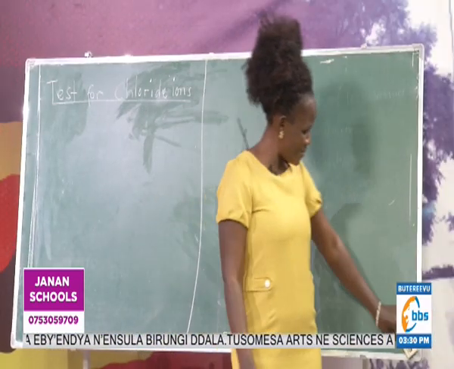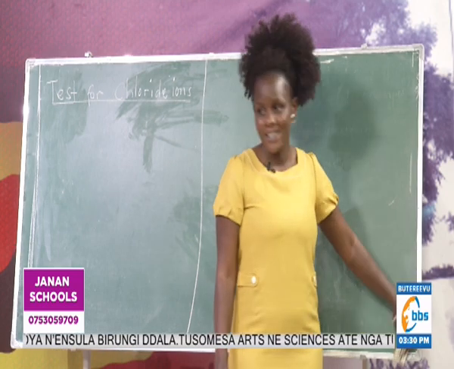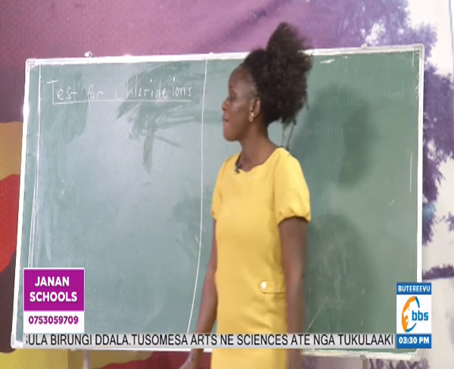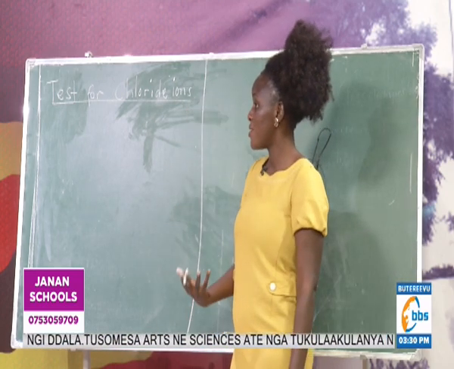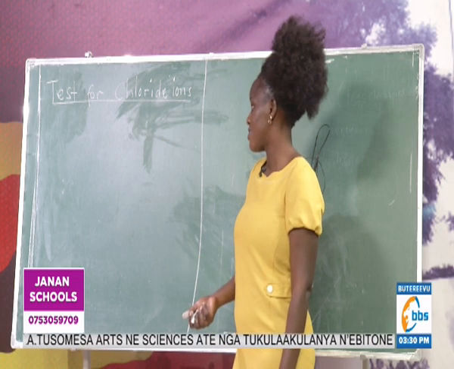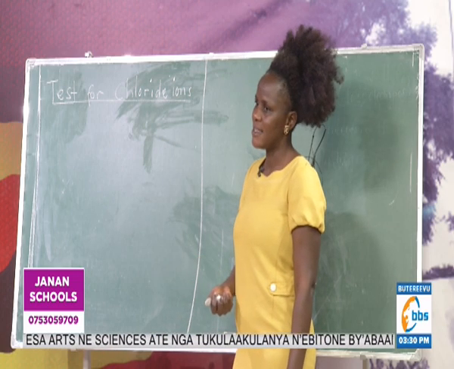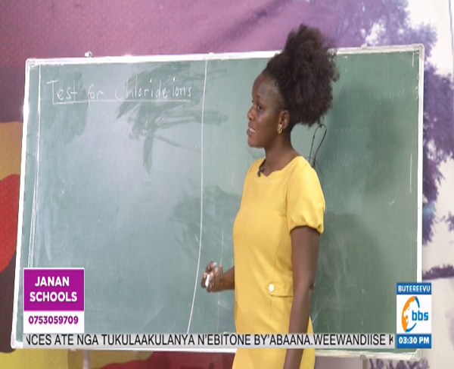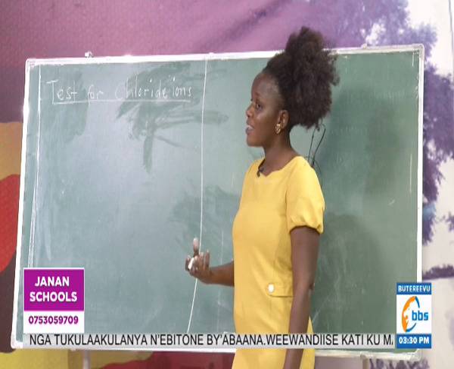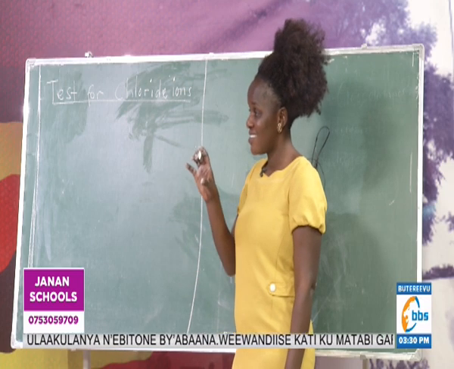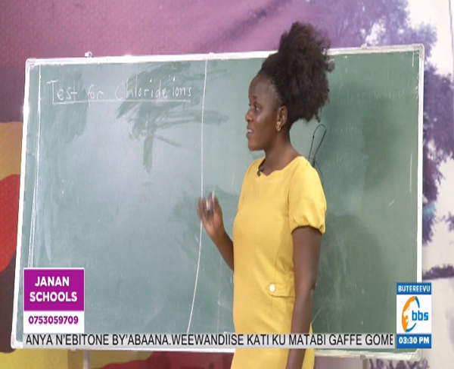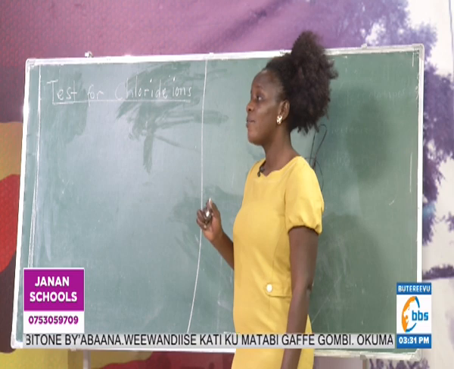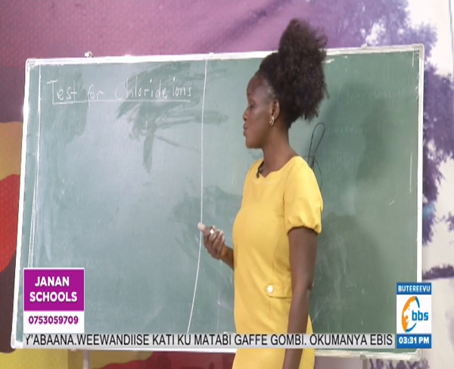Remember, our topic was basically chlorine and its compounds. And in chlorine and its compounds, chlorine forms chloride ions. Therefore, how do we test for chloride ions? Chloride ions can be in solid state. We can have the chloride ions when a compound is in solid state, or we can be given a solution.